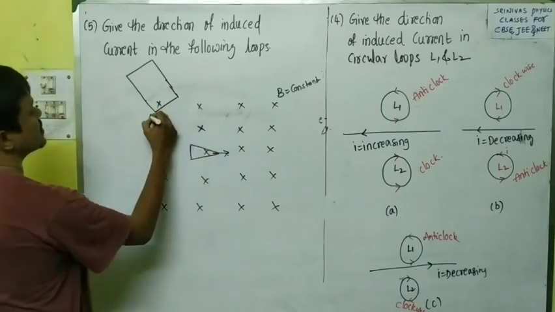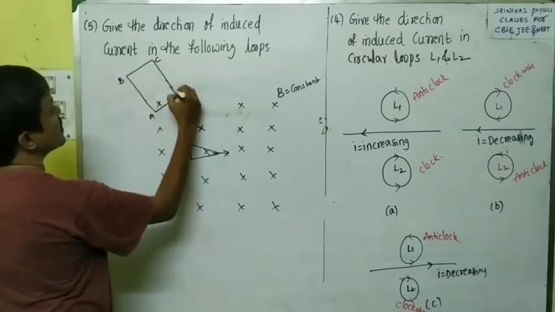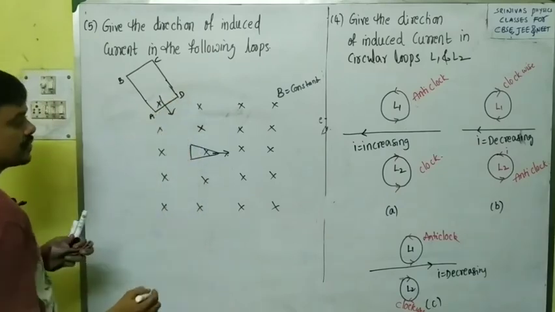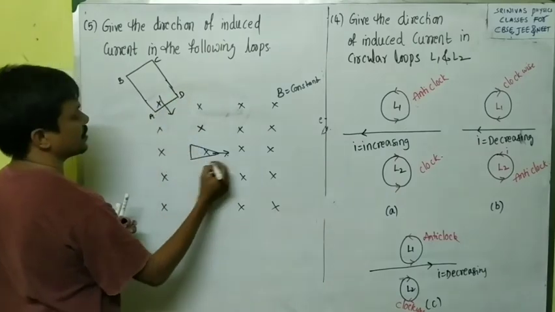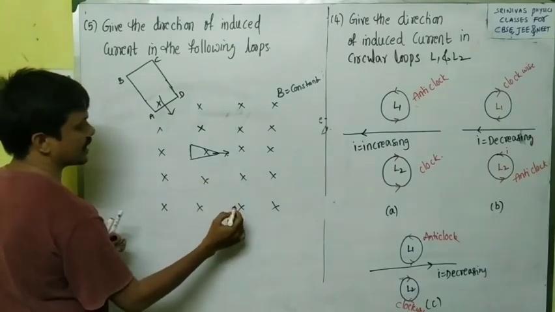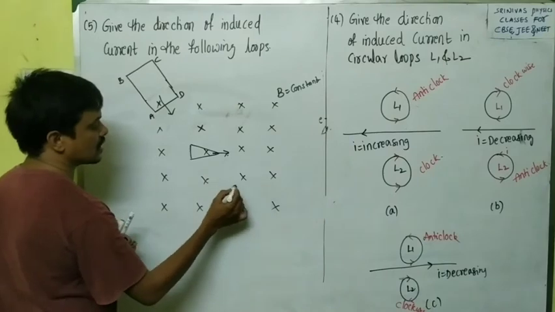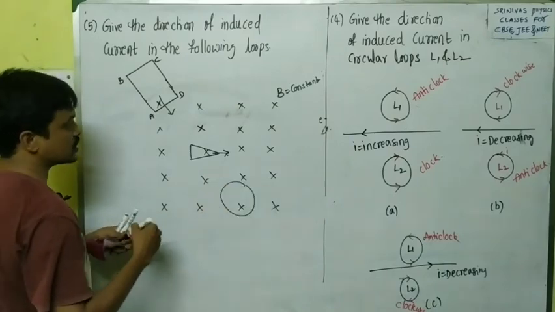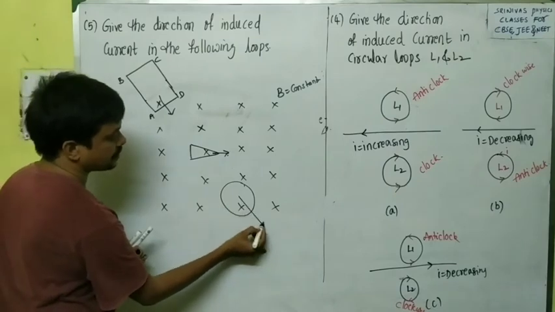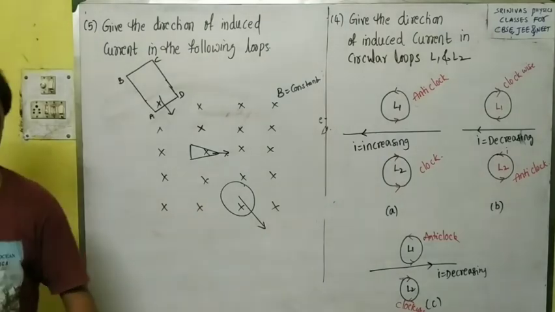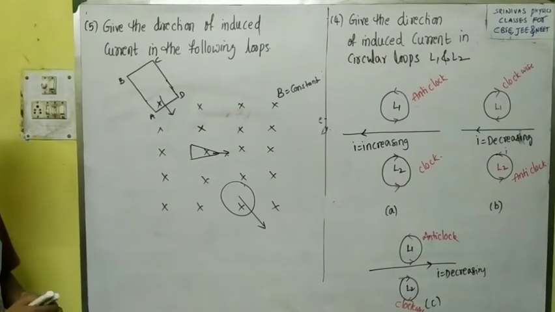Right, this is A, B, C, D. This is entering into the field. This is moving in the field. Okay, right. And one more I will take, this is a circular loop. It is going outside. In these three, what is the direction of induced current I want?